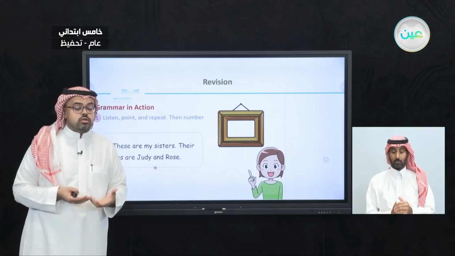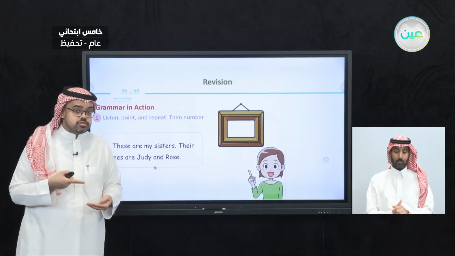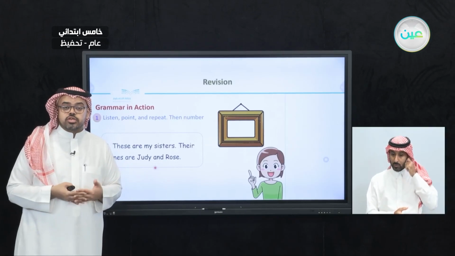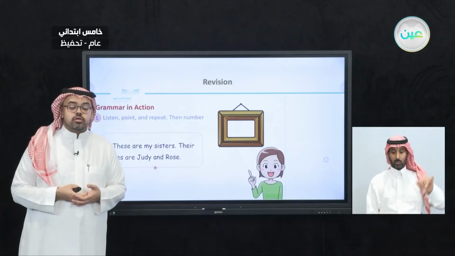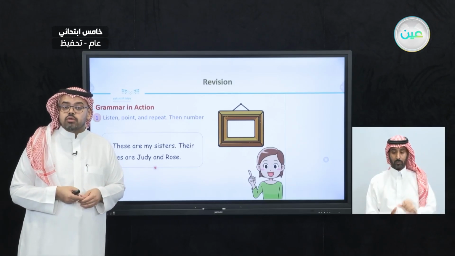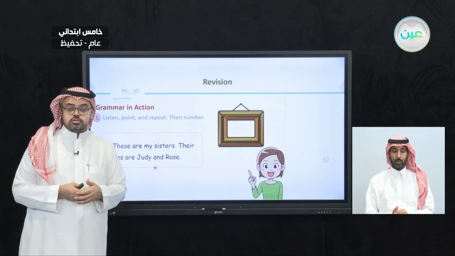So she held the photo frame and she pointed at her sisters. She said that these are my sisters and their names are Judy and Rose. So here we can write down number 2 at her sisters.